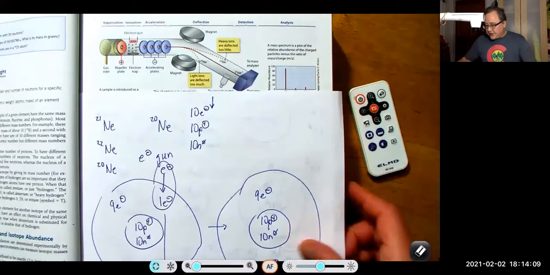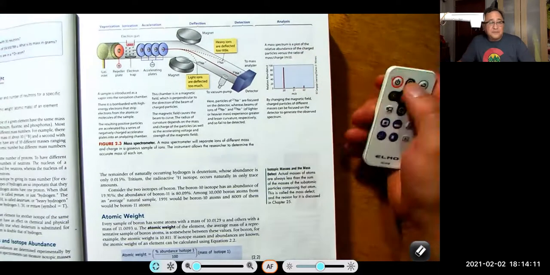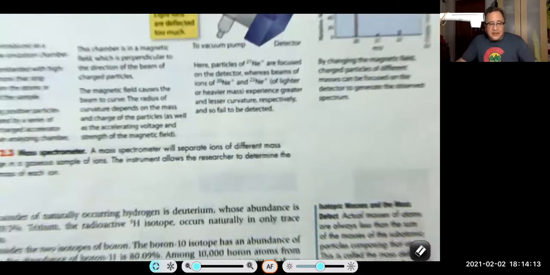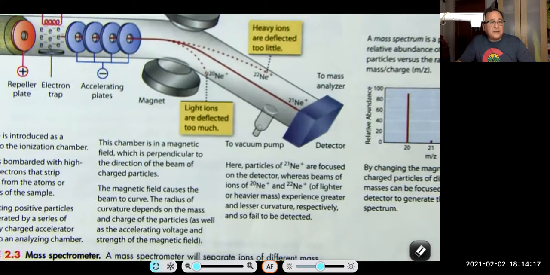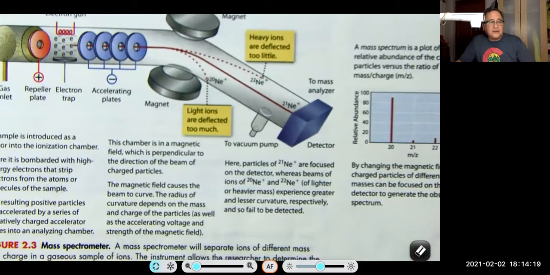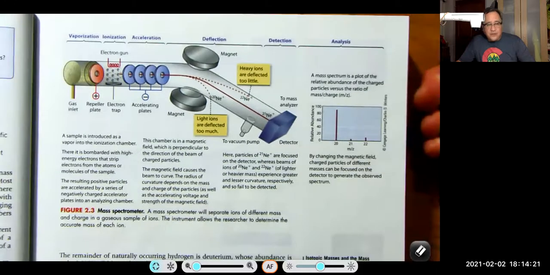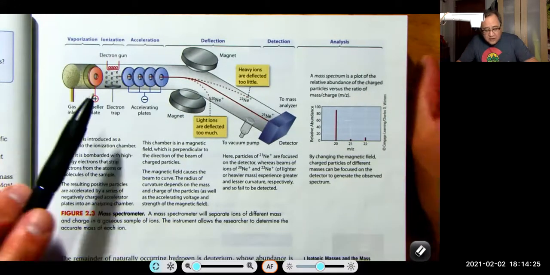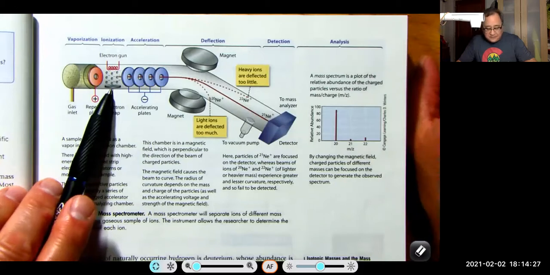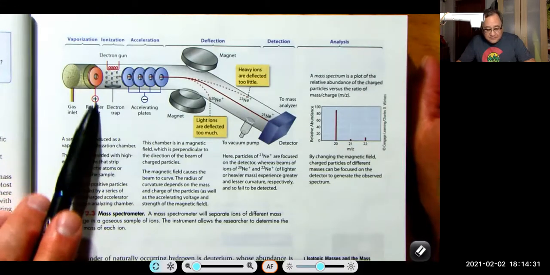Now, let's look at this mass spectrometer some more. I'm going to zoom in again. Okay, so now we have right here a cation with a positive charge. You see this repeller plate?